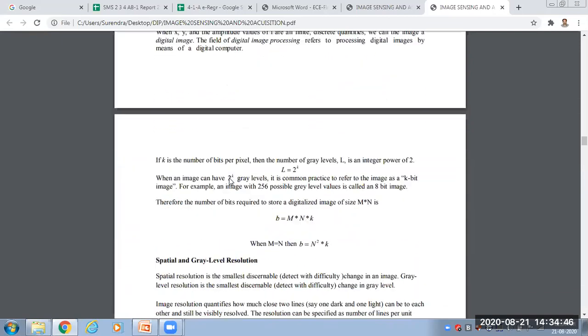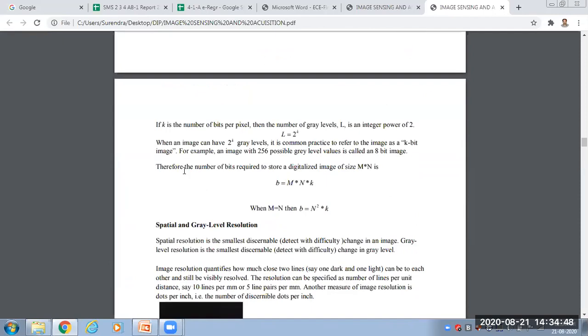Next. Here, let us consider L as the last element or length of the intensity scale, and this L can be represented as 2 power k. So we are representing the number of scales, lines or steps with the help of binary values, 2 power k.